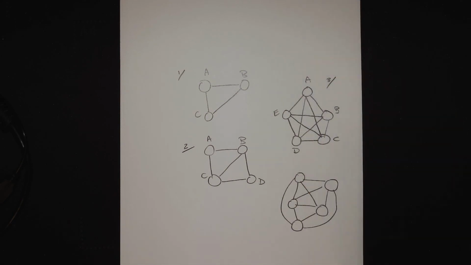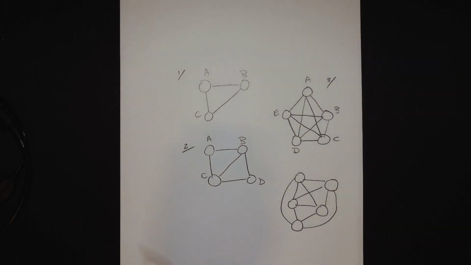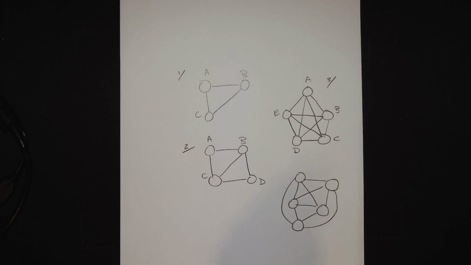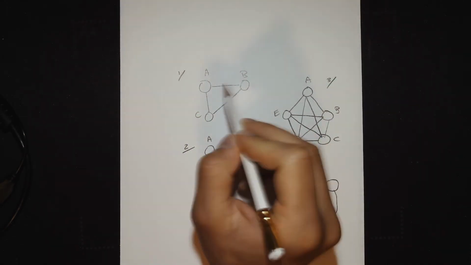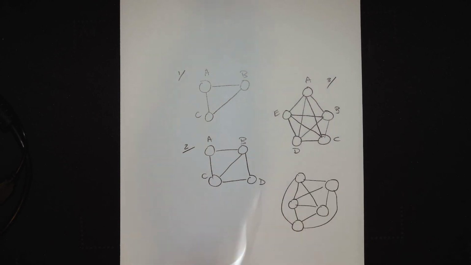From the graph theoretical viewpoint, 2 collections of edges and vertices are the same if you can, I don't want to get too technical because this is beyond the scope of the class, but 2 graphs are the same if you can find a 1-to-1 correspondence between their vertices. So if they have the same number of vertices, and you can find a labeling of the vertices in both graphs such that the edges of each graph connect the same vertices.